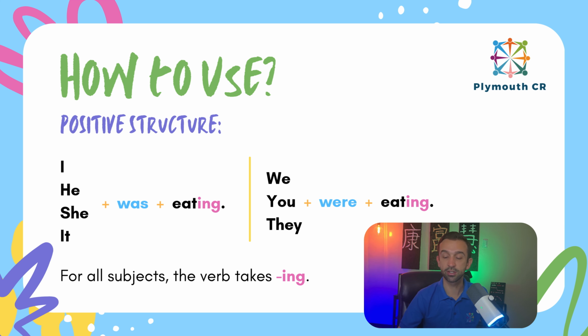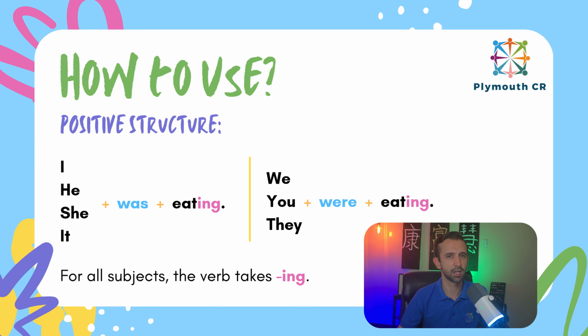So we're going to have the subject plus the verb to be in the past form plus the verb in the ing form, okay? So remember that for all subjects, the verb takes the ing, and it's pretty simple. You already know how to form the ing form of the verbs because we already studied the present continuous, okay? Anyway, we're going to check that too.